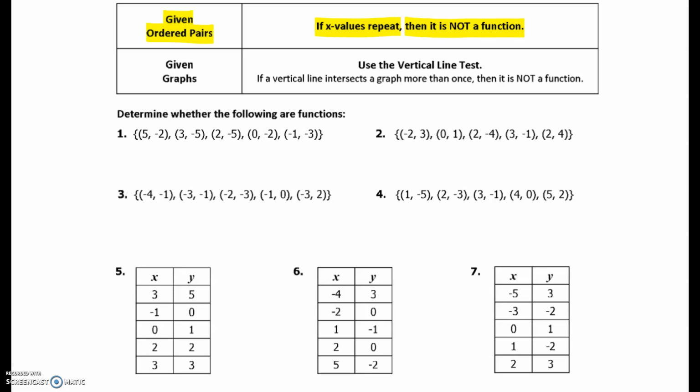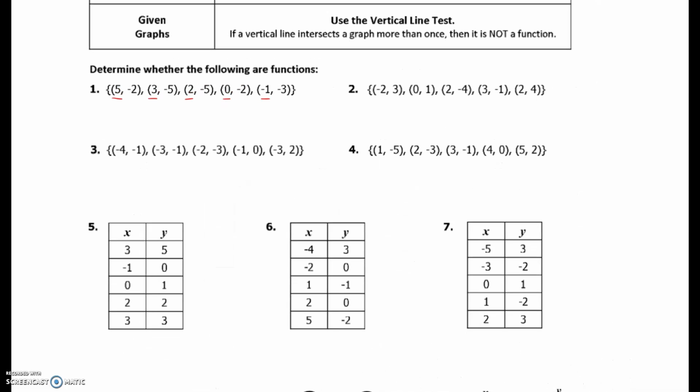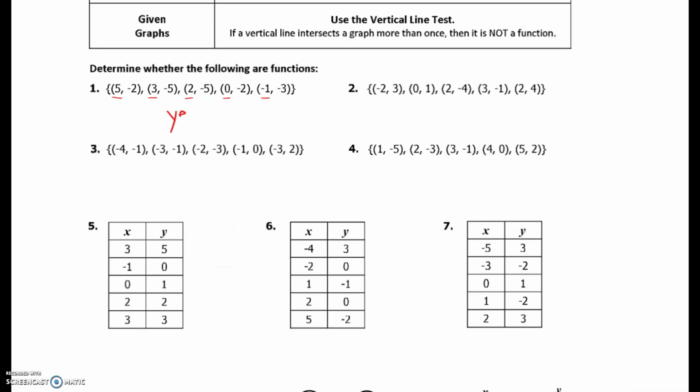In order to do that, we are going to look at the x values. In number 1, I see 5, 3, 2, 0, and -1. All of those x values are different numbers. As long as that is the case, then we are going to state that, yes, this is a function.